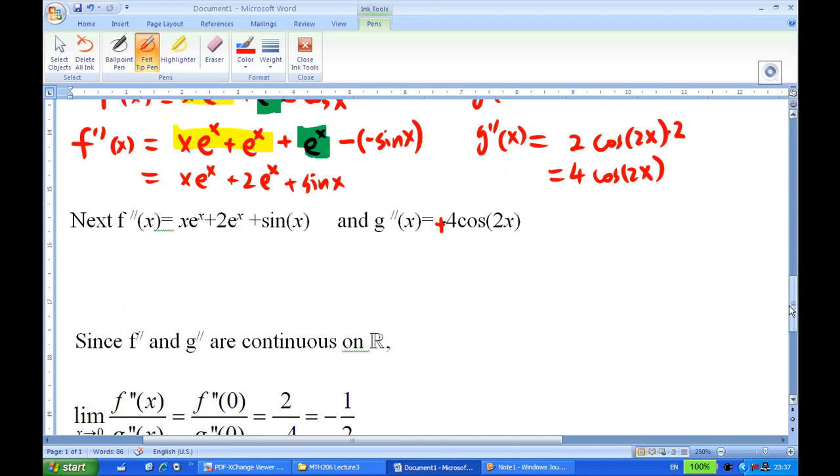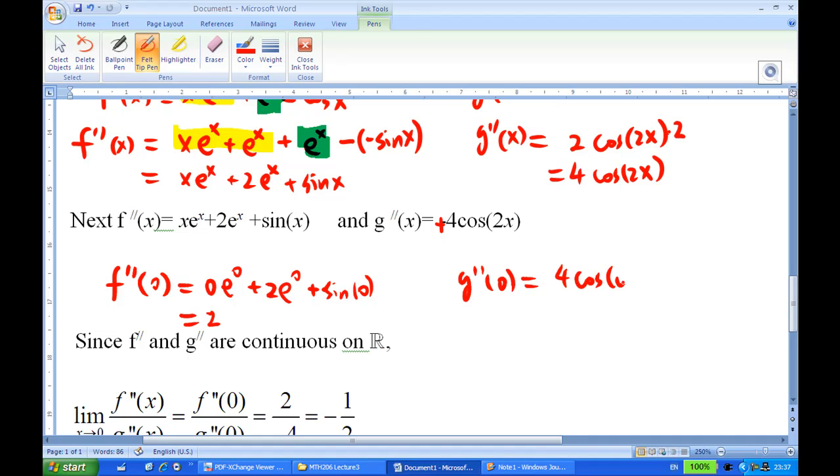Both f double prime x and g double prime x are continuous functions. So when x approaches 0, f double prime 0 is equal to 0 times e^0 plus 2 times e^0 plus sine 0, which is equal to 2, and g double prime 0 is equal to 4 cosine 0, which is equal to 4.